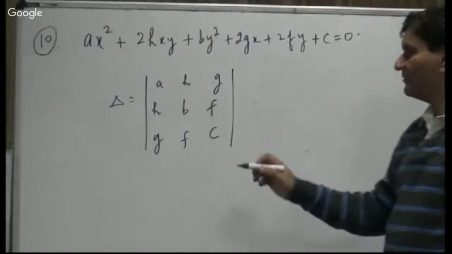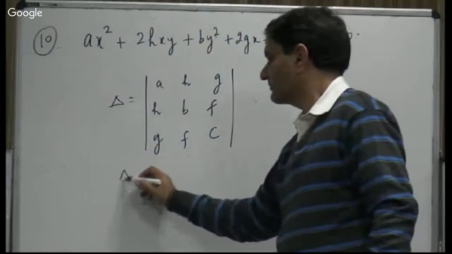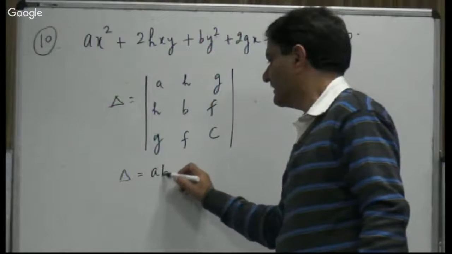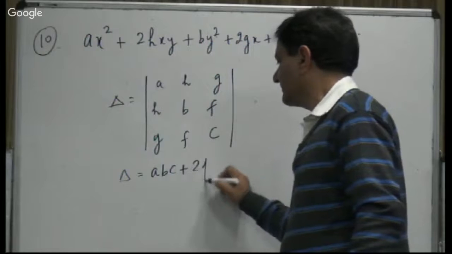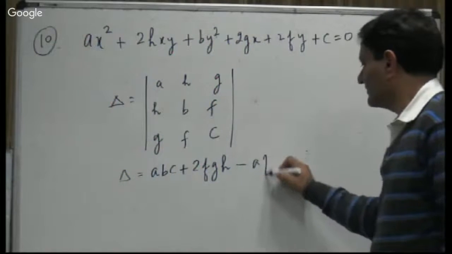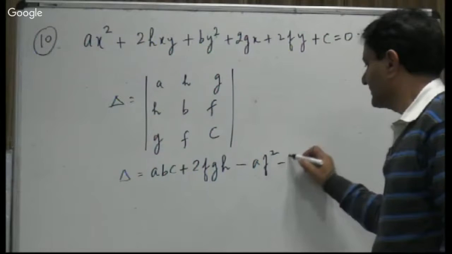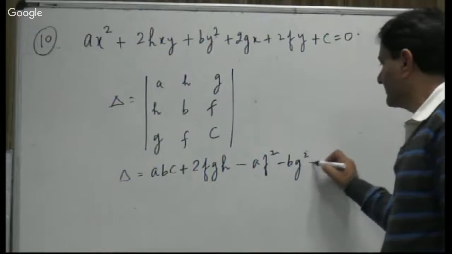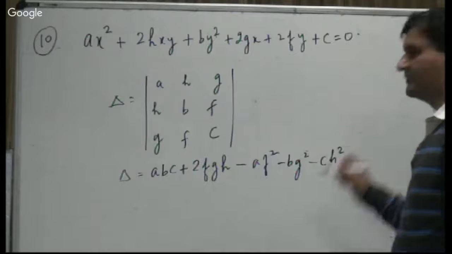On expanding this, you will get ABC plus 2 and so on; this is delta.